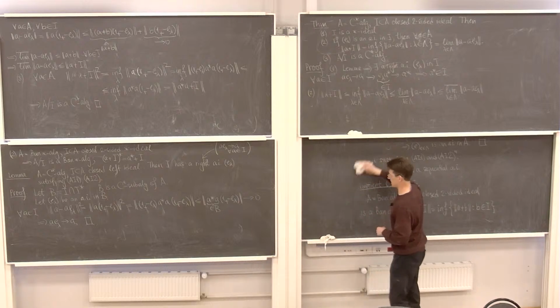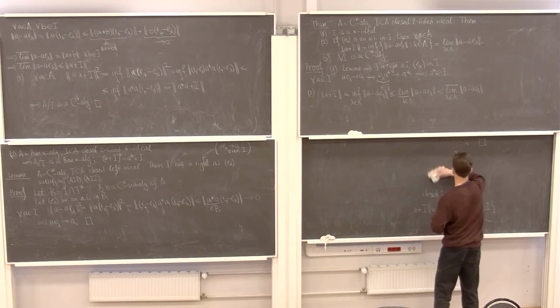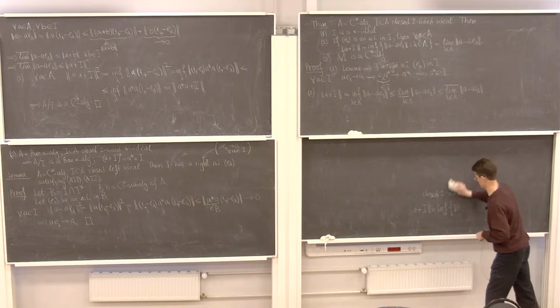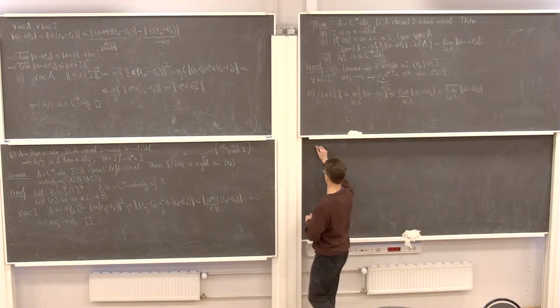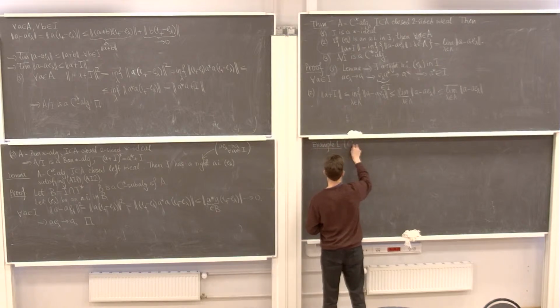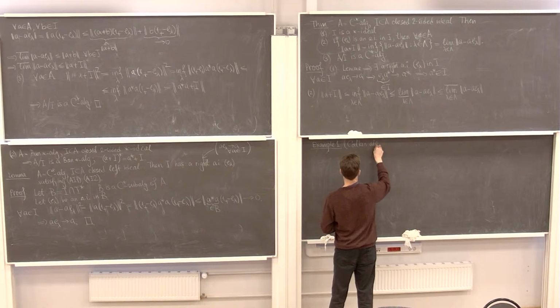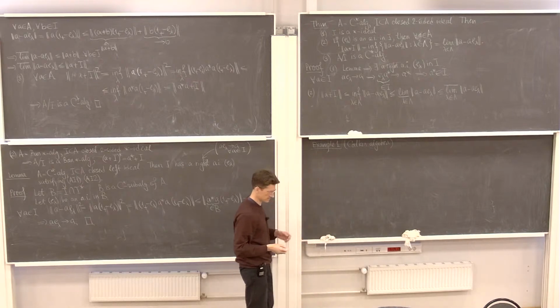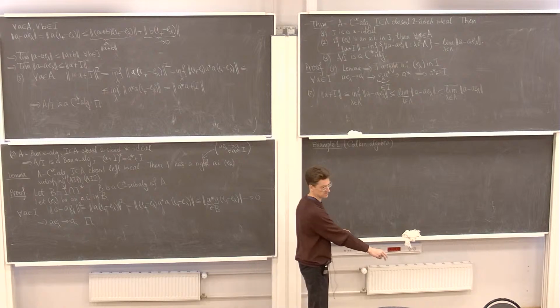Let's look at some useful examples of quotient C-star algebras. Example 1 is the so-called Calkin algebra, which was first introduced by John Calkin in the 1960s, if I'm not mistaken, or maybe 1950s.